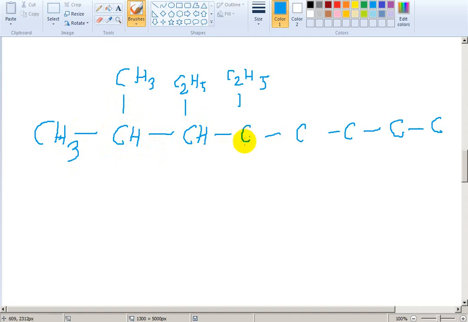This carbon has 2 bonds, so 2 more bonds will form with hydrogen. Here will be 2 hydrogens, and how many hydrogens on this one? 3 hydrogens. Good.